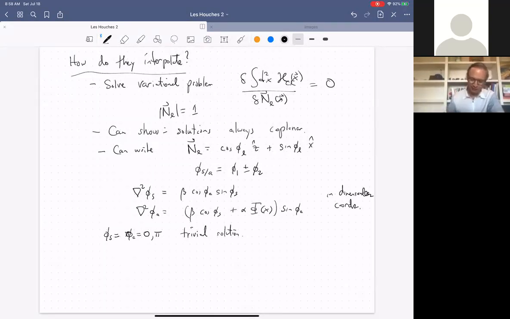But generally, there's a subset of this, a simple thing, which is always a solution. If you take phi s equal to pi, this is always a solution. So that satisfies the first equation here. You can see phi s equal to pi, the sine vanishes and it's constant, so the Laplacian vanishes. If you put phi s equal to pi here, this just becomes -1.